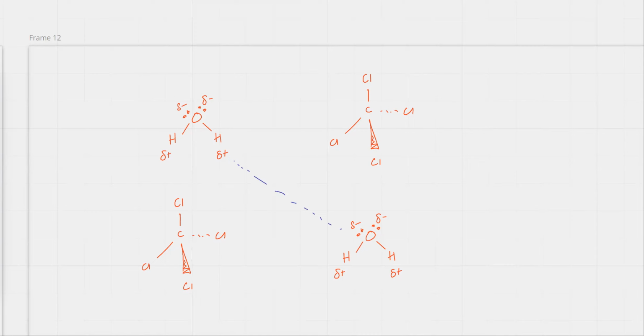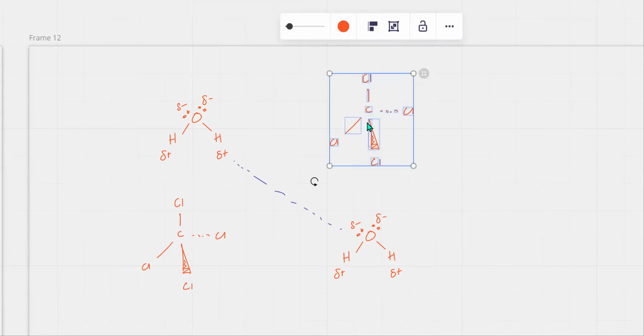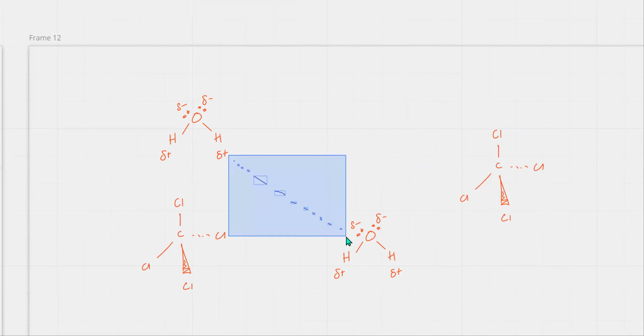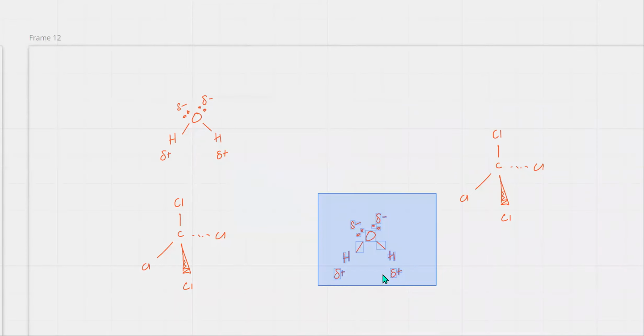So what's going to eventually happen is that the CCl4 would be pushed around. I mean, they're going to be pushed away. And the water molecules would all come together and they would start sticking to each other.